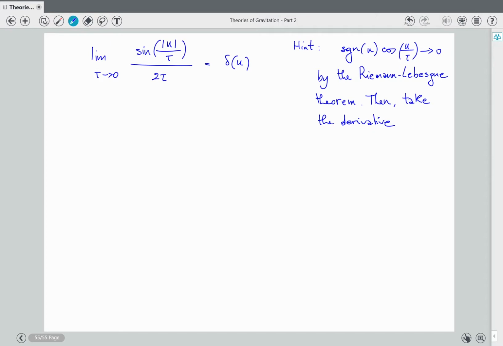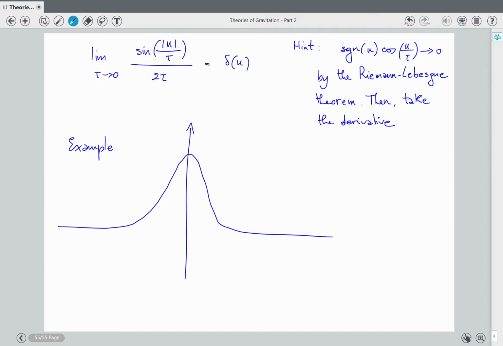So for example, if your external force is Gaussian, that means something.